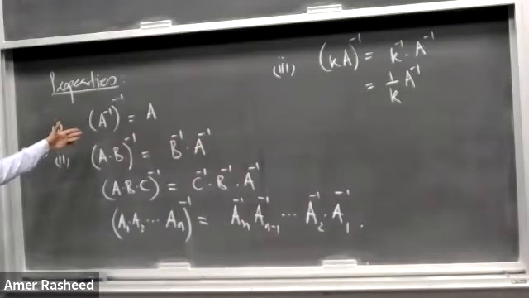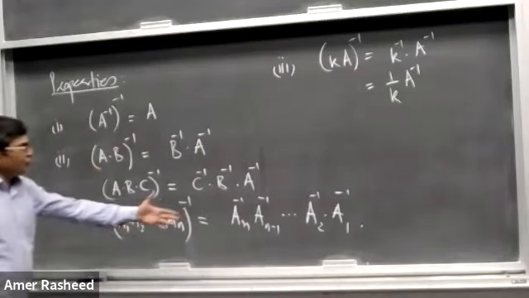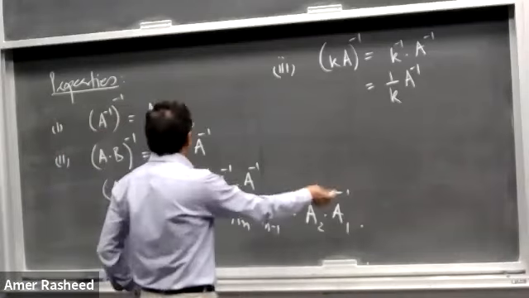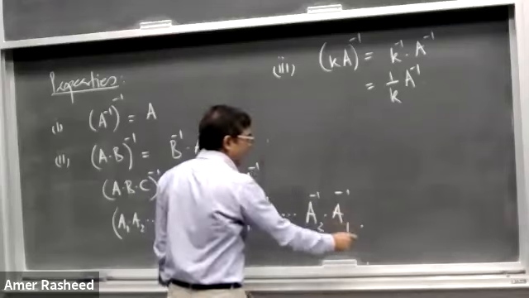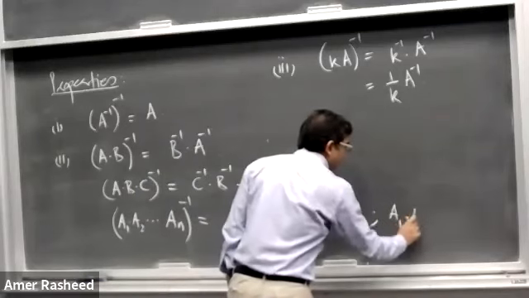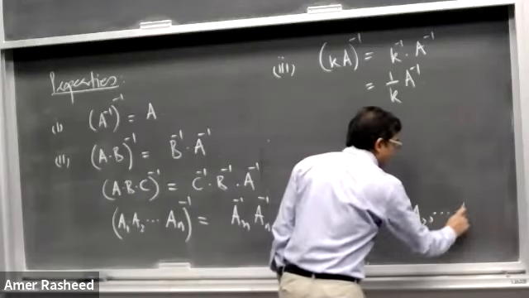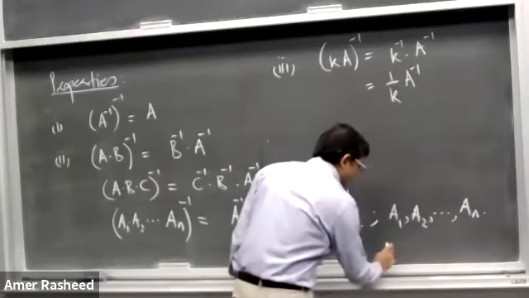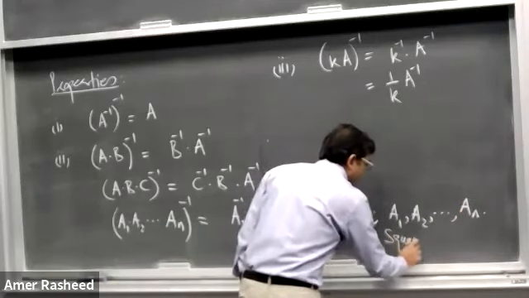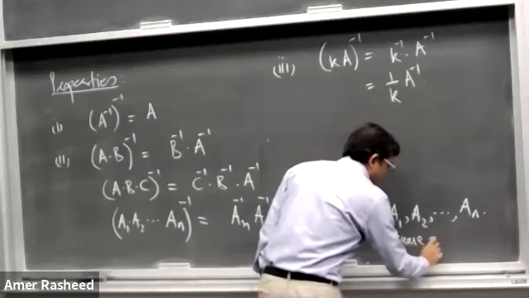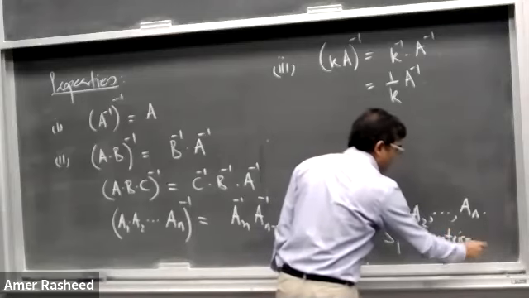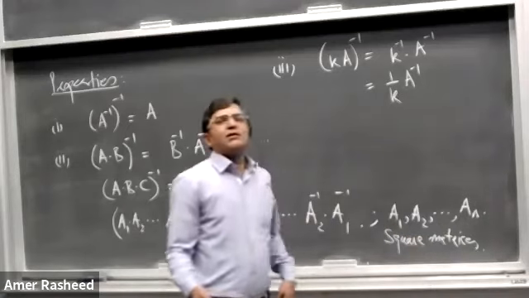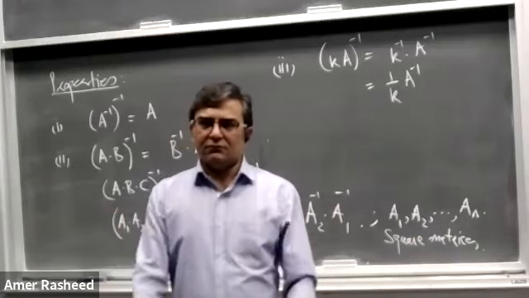Now here, what are these A, B, A1, A2, and so on up to AN? These are square matrices of any order, where A1, A2, and so on, AN are square matrices of the same order, though their order could be anything.